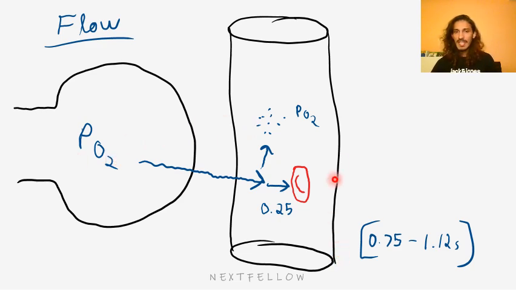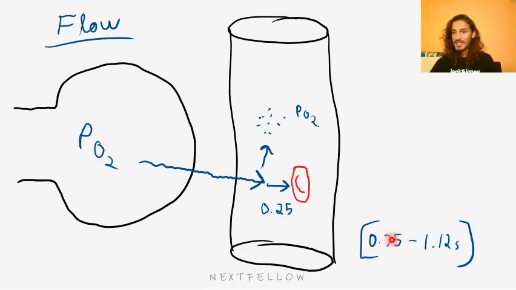So when there's no diffusion gradient, there's no diffusion anymore. In case of oxygen, the limiting factor is your perfusion. So how much blood is there, how much it's moving, and when the next blood is coming, that is what is limiting it.